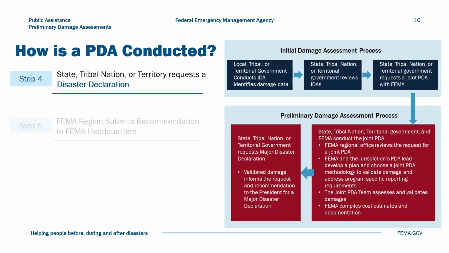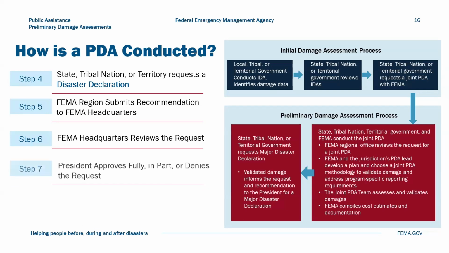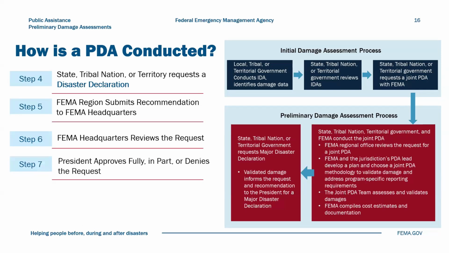The FEMA regional administrator reviews the requests and submits their recommendations to FEMA headquarters, who submits the recommendations to the president. The president approves either fully, in part, or denies the request.